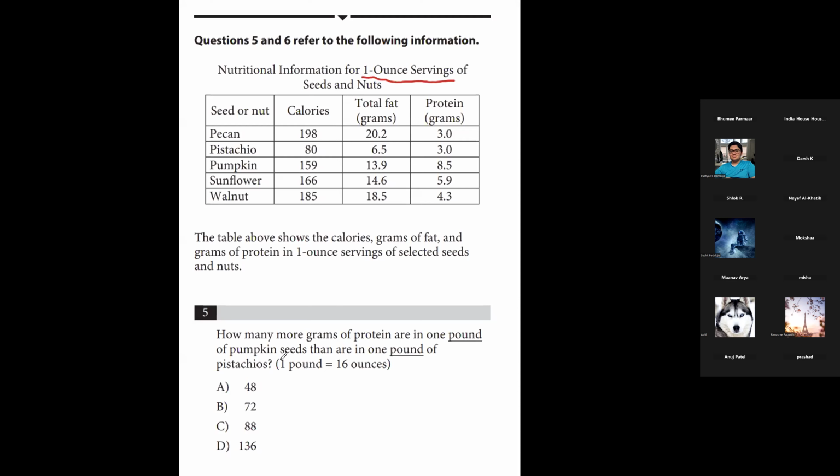So we have to take the protein in pumpkin seeds, which is 8.5 times 16, and then subtract from it the protein in 1 pound of pistachios.